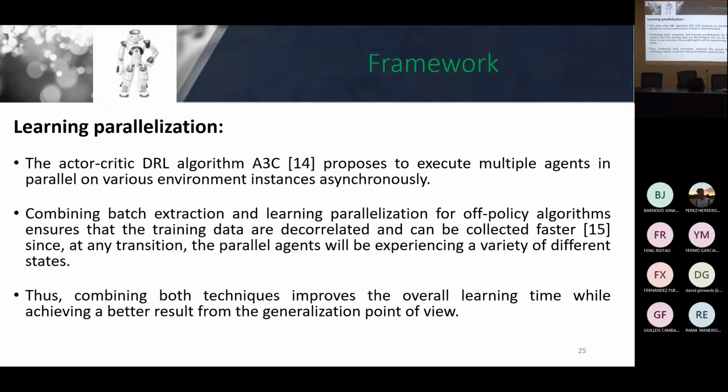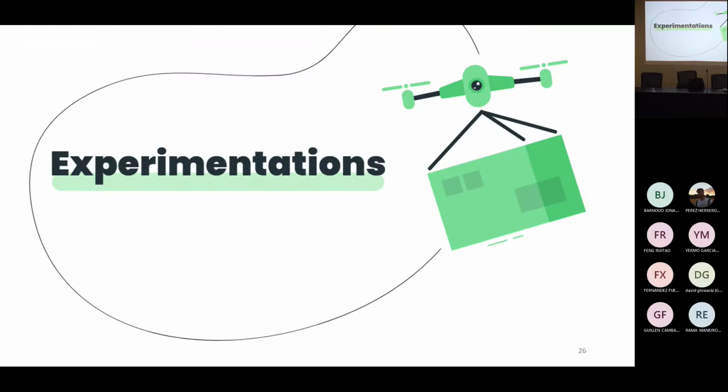And by combining this with batch extraction, it's going to decorrelate the training data and collect it faster, which is going to lead to less overall learning time. Also, the agent is going to be able to generalize much more easily afterwards, because it learns from different experiences at the same time.